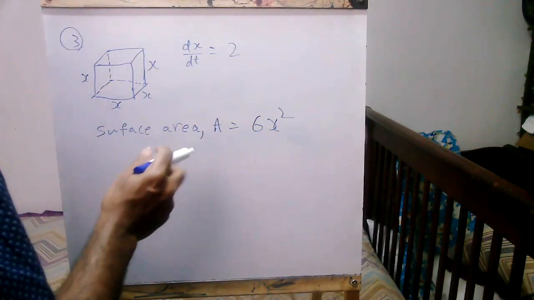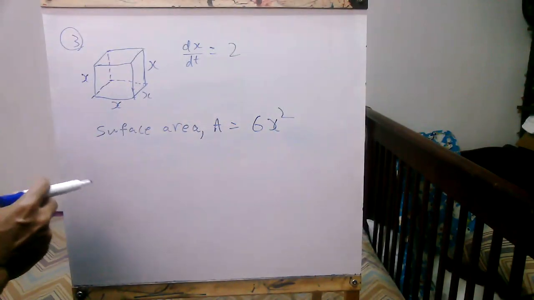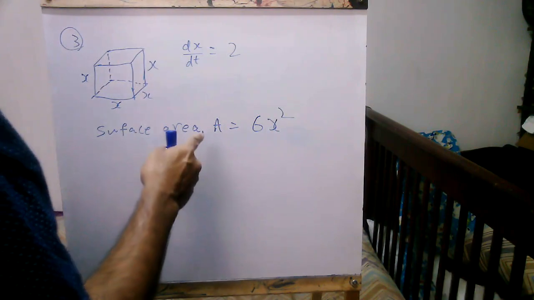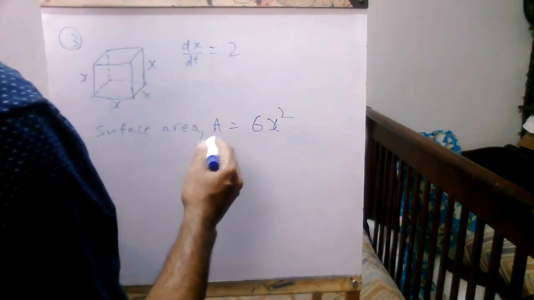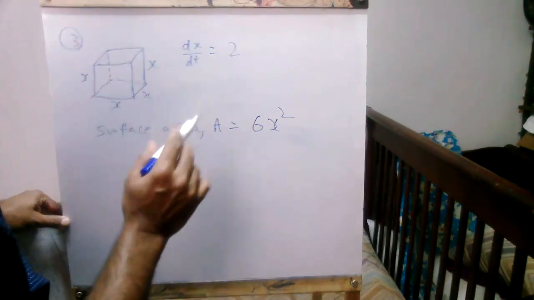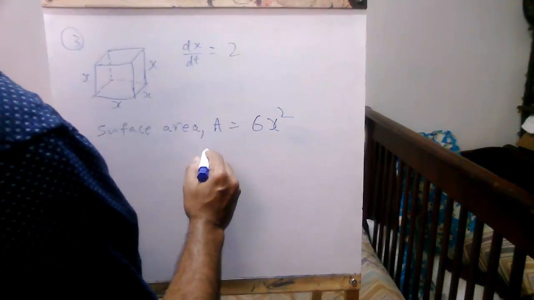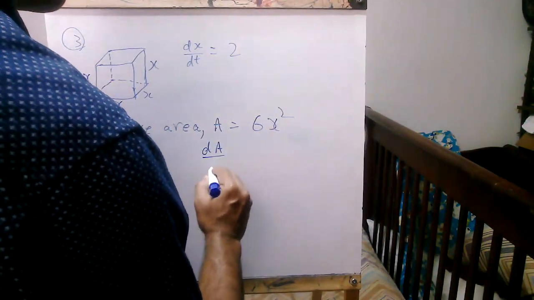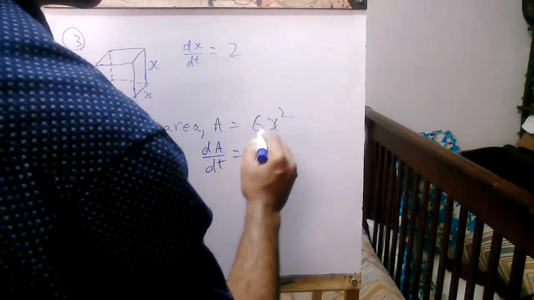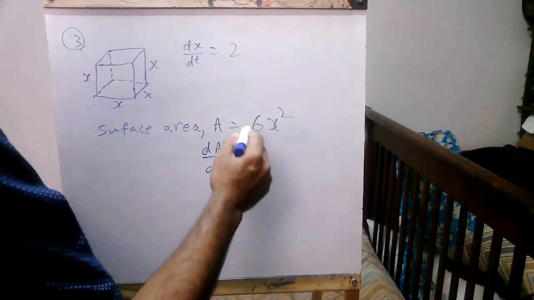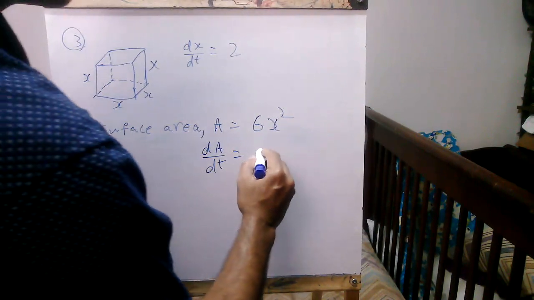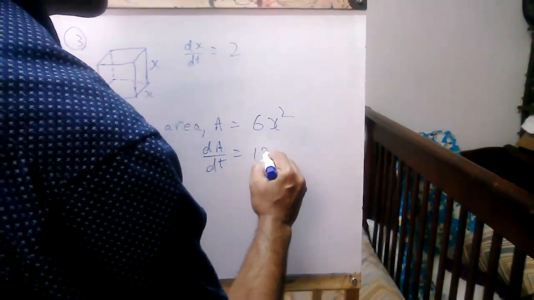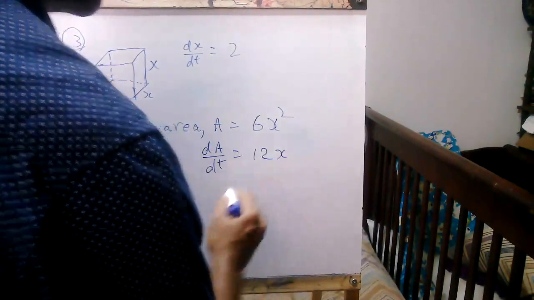The question asks at what rate the area is increasing. When it says rate, you know it is the derivative. That means dA/dt equals, differentiating this with respect to time, 12x.